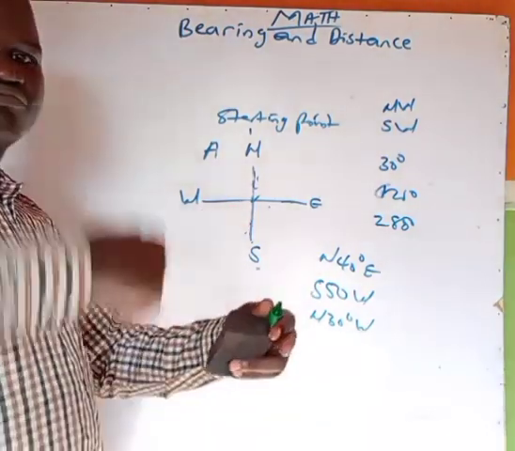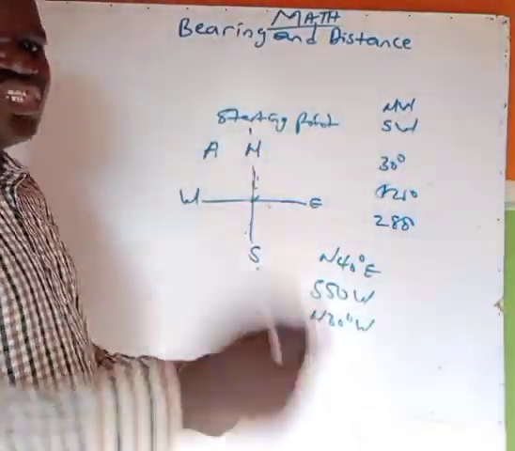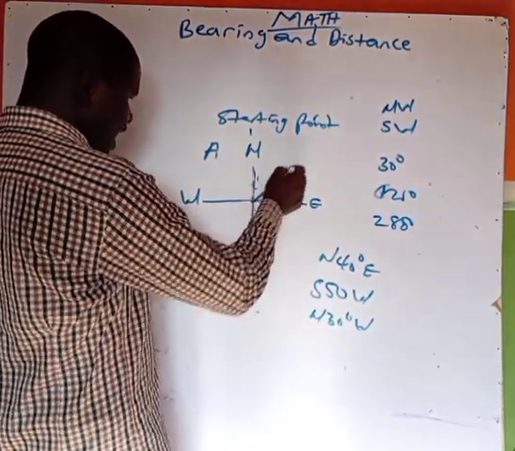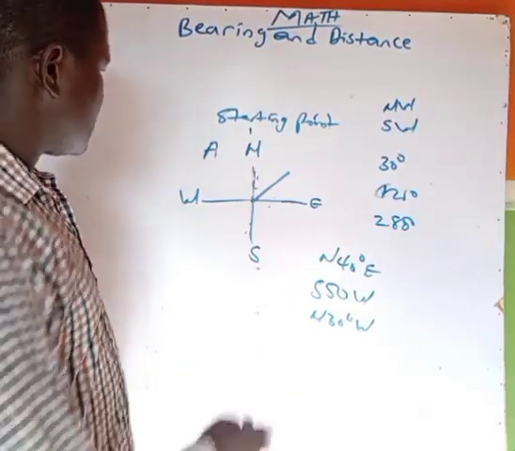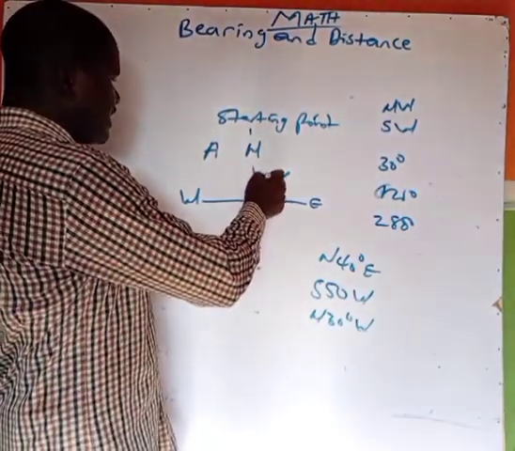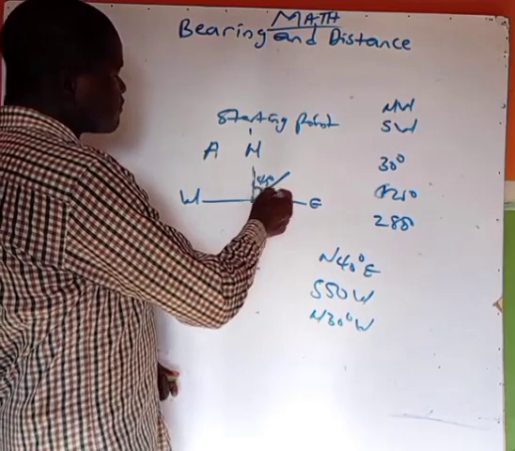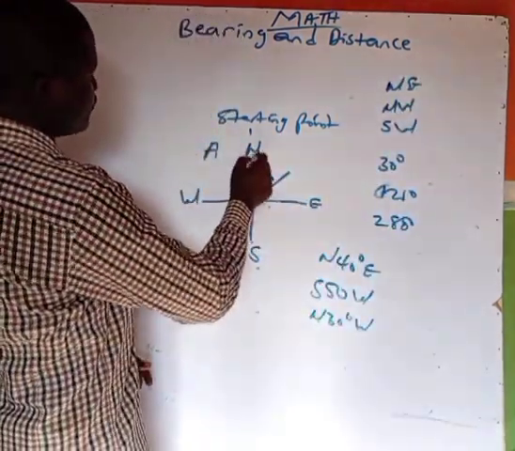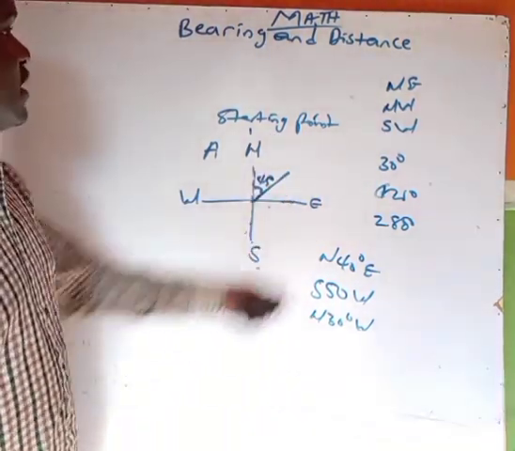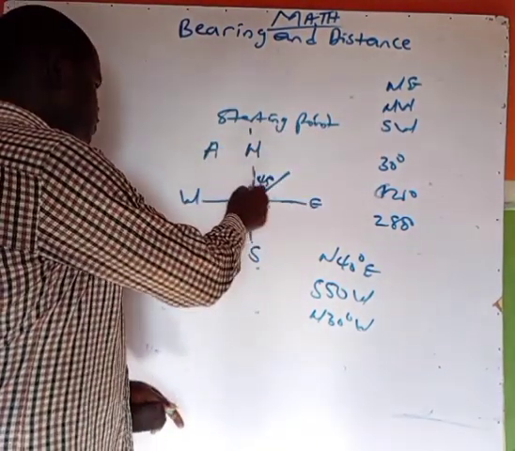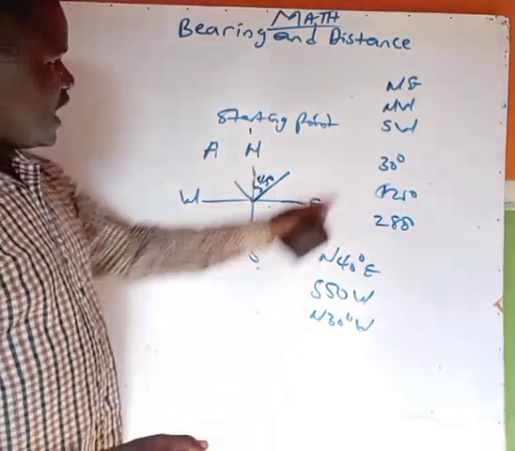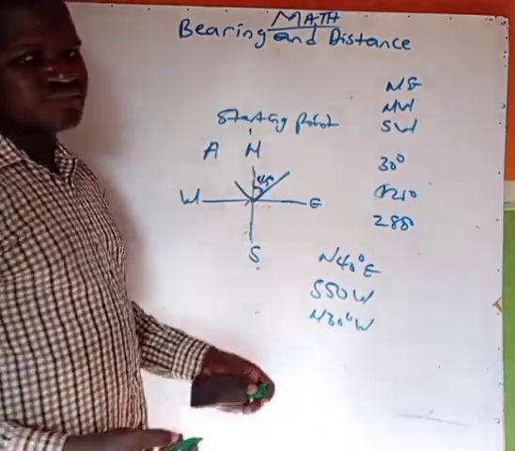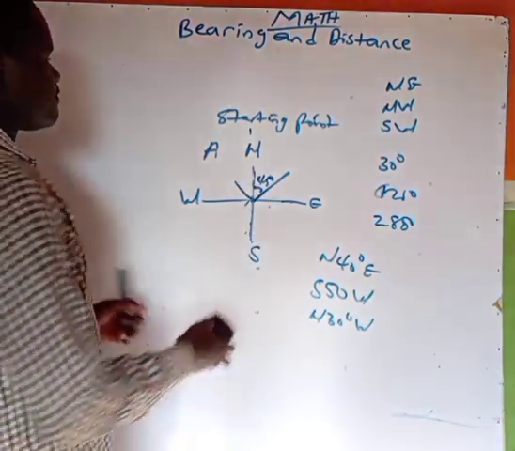Once they tell you that it moved due southwest, it means it divides this angle into two equal parts. In that case, you have this one to be 45 degrees and this one also 45. Here is northeast, so moving from north to east, that's 45, 45. If it is northwest, you also have 45, 45, and southwest, 45, 45. So you note that.